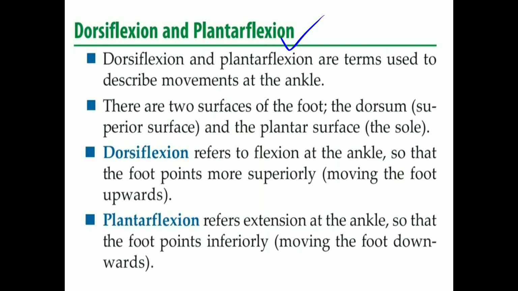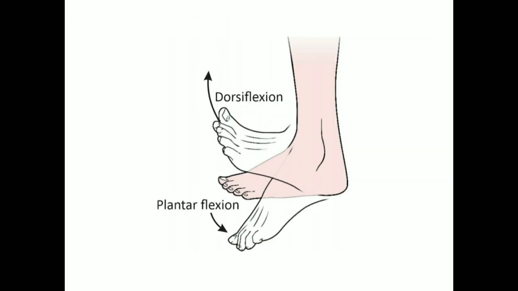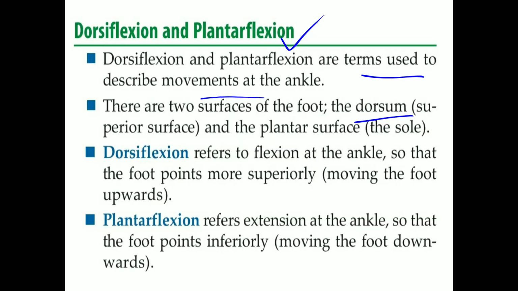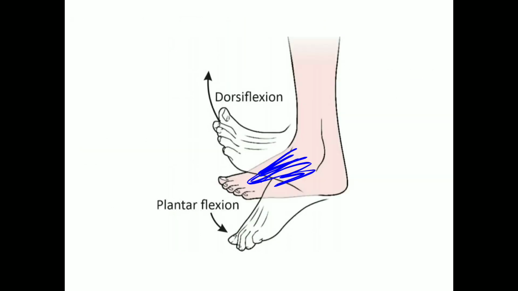Then dorsiflexion and plantar flexion. These are the terms used to describe movements at the ankle. There are two surfaces of the foot. The upper part is the dorsum, and the lower one, the sole, is the plantar surface.